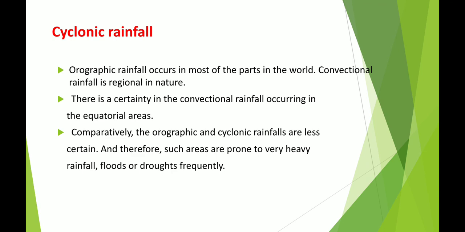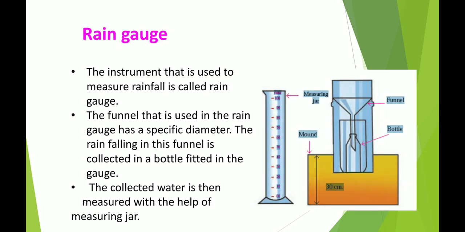As compared to the convectional type of rainfall, orographic and cyclonic rainfalls are less certain. Sometimes if there is heavy rain, floods occur, and if there is no rain, droughts occur. In this way these two types of rainfall are less certain.